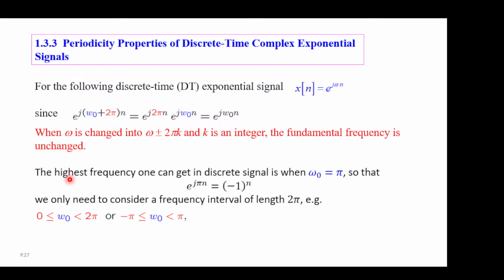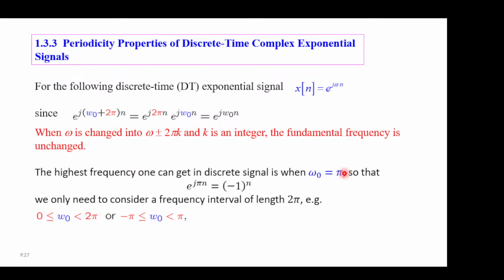So we see that the frequency interval is only meaningful in a length of 2 pi. You can either pick 0 to 2 pi or minus pi to pi or something even weirder. Okay? And so omega naught equal to 2 pi is the same as omega naught equal to 0.